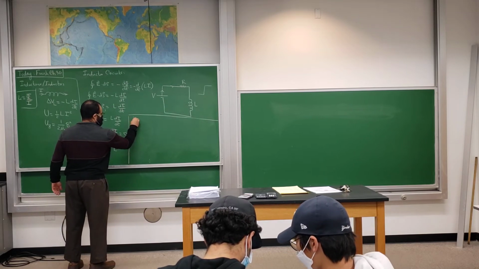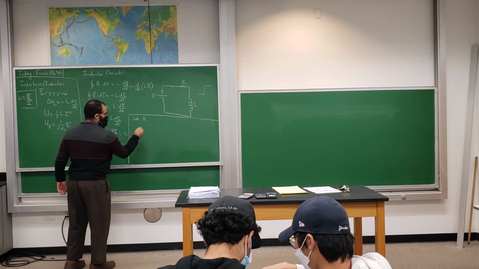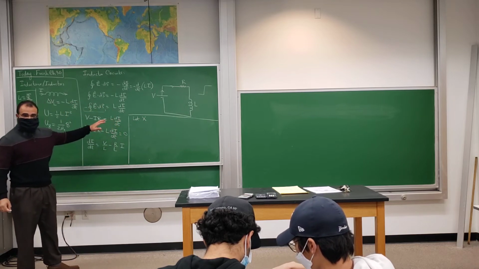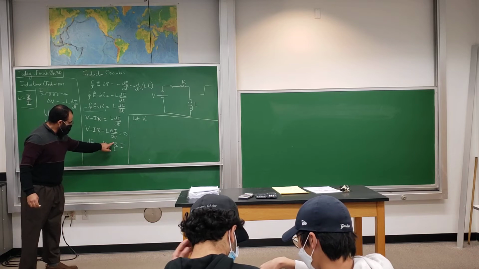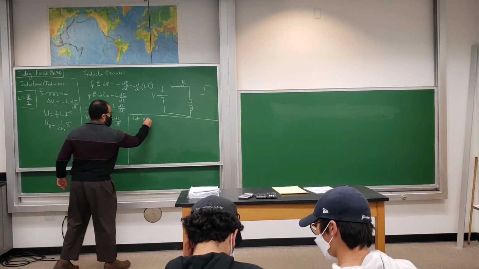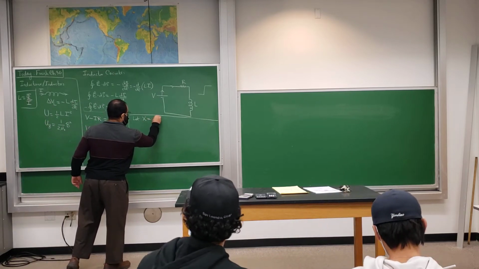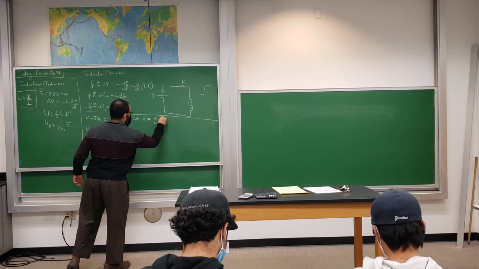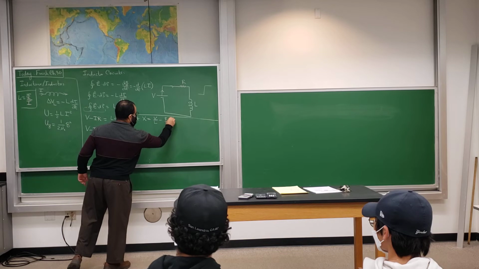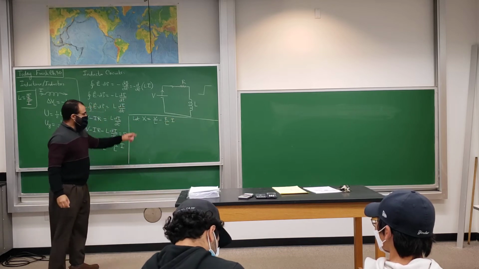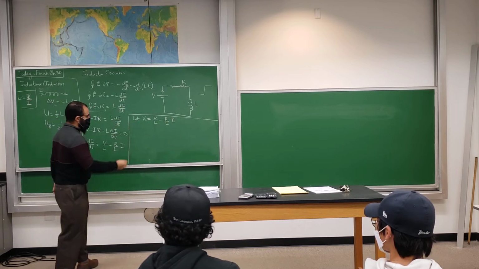So let this symbol here, x, just a new variable, x, equal V over L minus R over L times I. So define x to be that. Then take the derivative of x, so dx/dt.